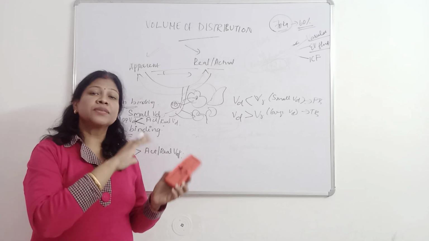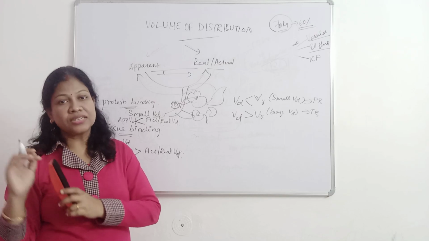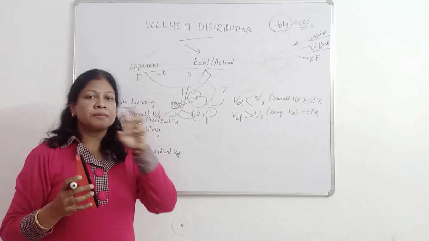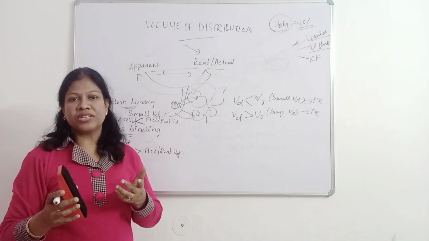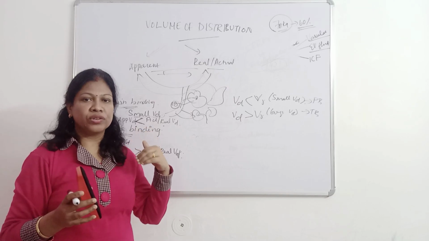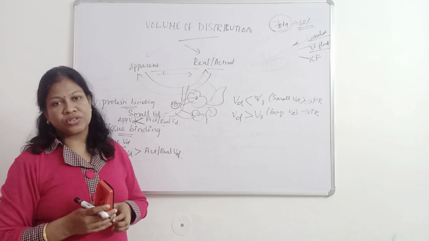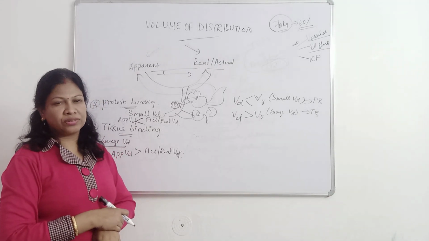Whereas if the drug permeates more through the tissues and enters the tissues, tissue binding takes place. Means the drug is less in plasma, more in tissue. That means it has large volume of distribution, that is apparent volume of distribution is greater than the actual volume of distribution. This is the relationship between actual and apparent volume of distribution.